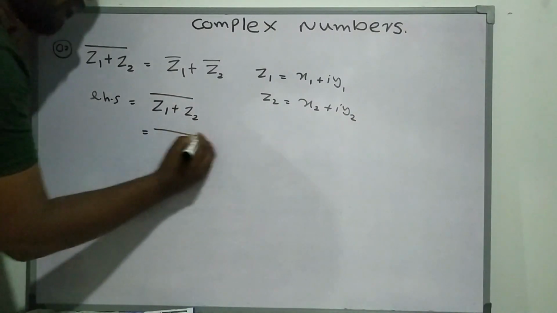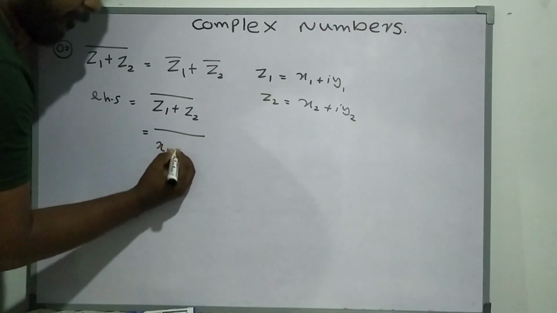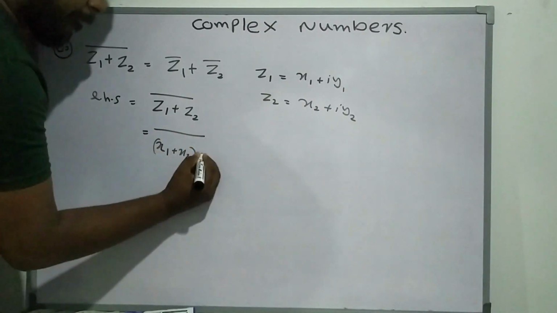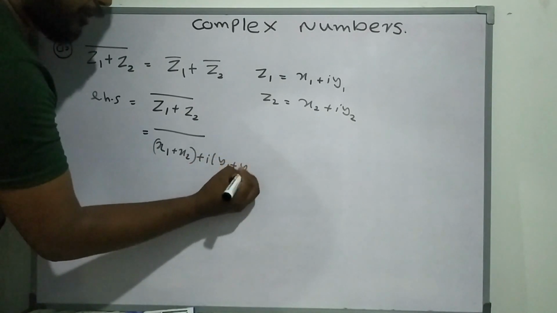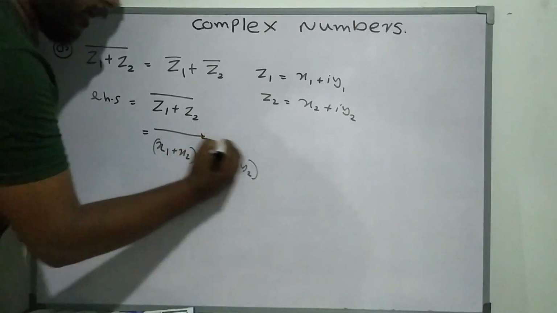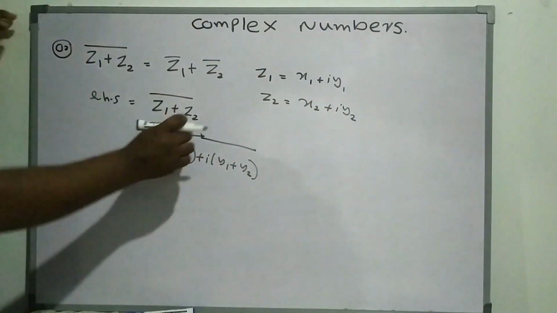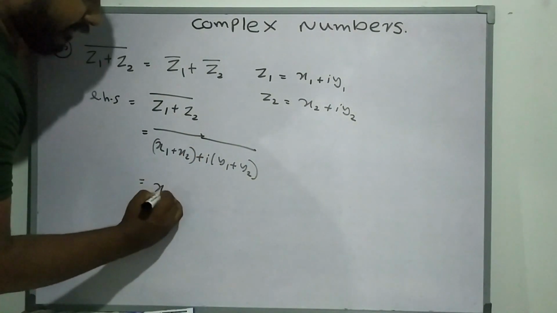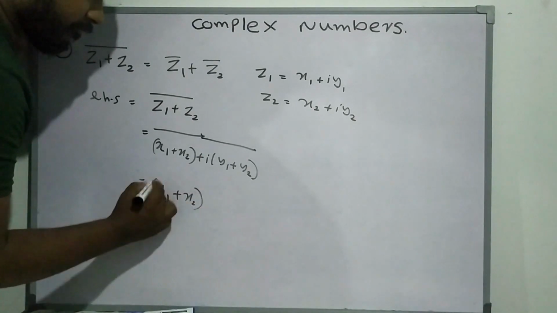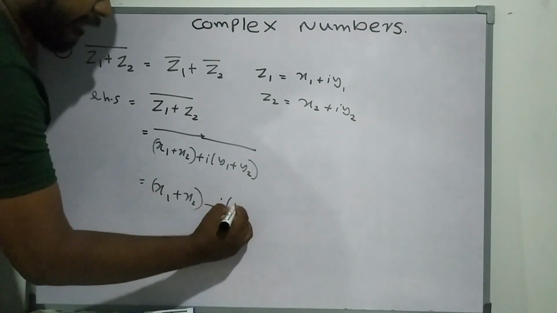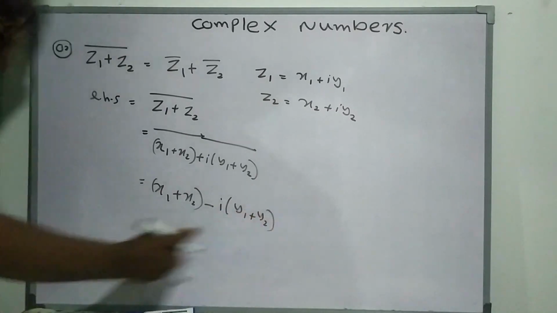Therefore the addition is (x1 plus x2) plus i(y1 plus y2). The bar means the sign of the imaginary part should be changed, so it is minus i(y1 plus y2).